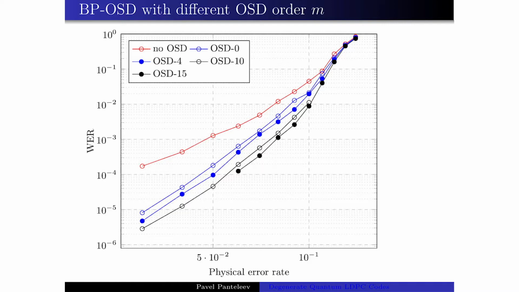Here you can see some numerical simulations. Here you can see that the OSD order somehow helps. But for most of our codes, basically what you need to do is just use OSD-0, which has cubic complexity. It also works quite well. But for some codes, you can improve the performance by using a higher order of OSD.